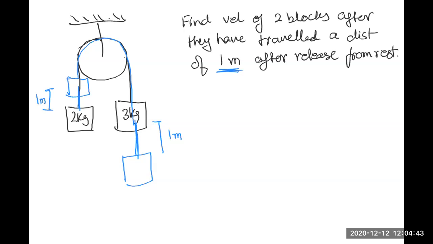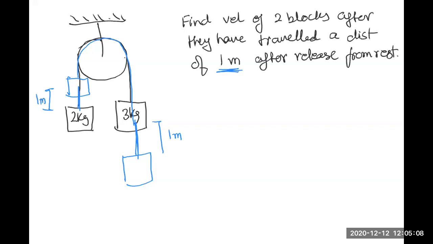As the system moves from the initial to the final configuration, you must have the knowledge of the forces acting on the various objects within the system as the system moves from its initial to final configuration. Now here there is no ambiguity.